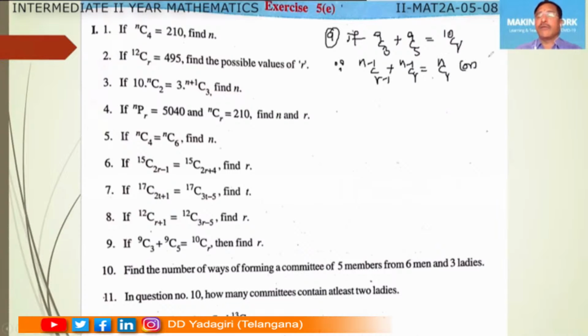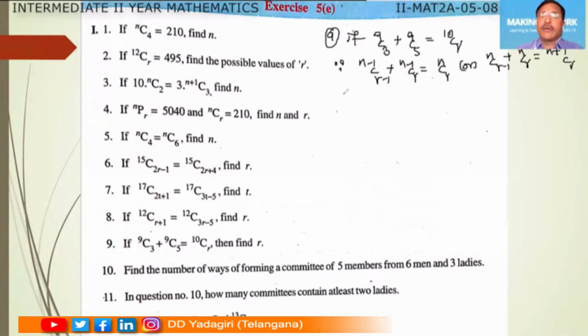Or we have the formula from the statement of the theorem, NCR minus 1 plus NCR is equal to n plus 1 CR. Any one of these formula we can apply. So here n minus 1 CR minus 1, the difference of these two values 3 and 5.